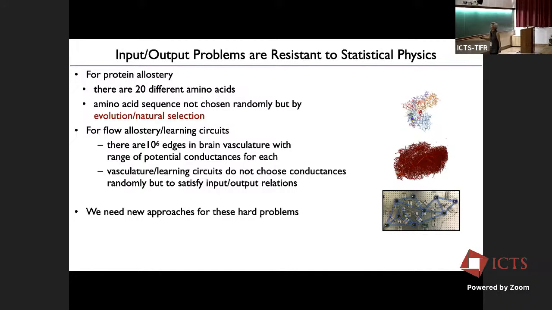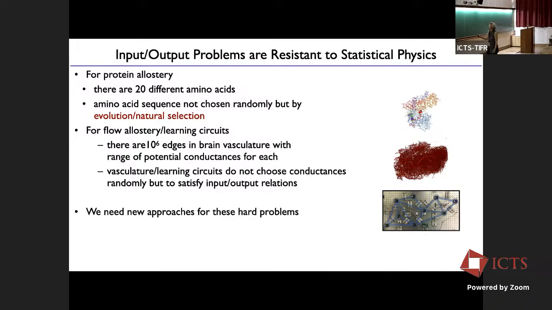In the brain vasculature, we have 1 million edges, and again, their conductances are a form of correlated disorder. They are correlated by the ability to deliver blood flow to wherever you want, depending on what you're doing. And in the learning circuits, the same: the ability to deliver desired voltage drops, or voltages, to where you want. So these are really hard problems.